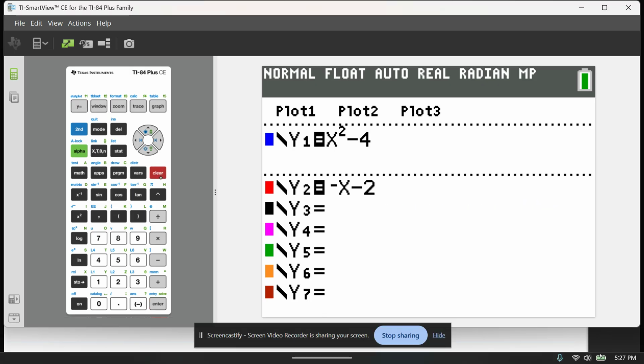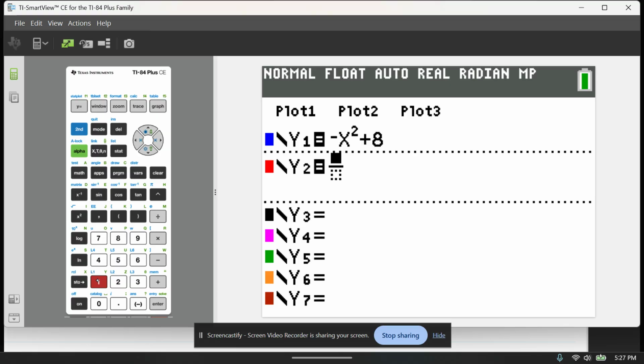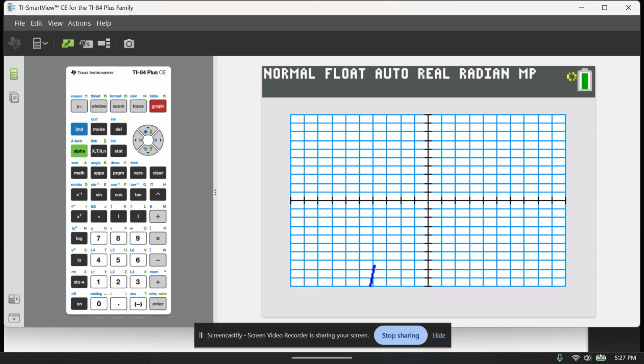So y equals negative x squared plus 8. And then this one, I've got negative 1/3. So I'm going to hit alpha y equals, get my fraction button, negative 1/3. Press the right arrow key and put the x beside that. Hit graph.